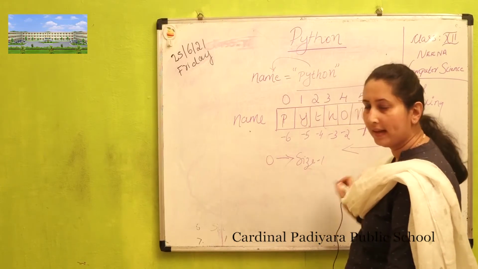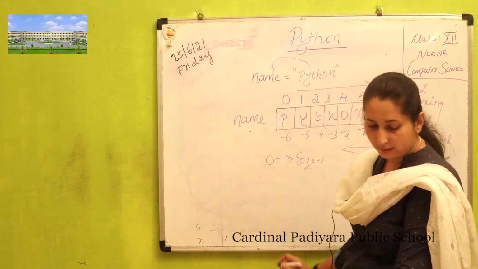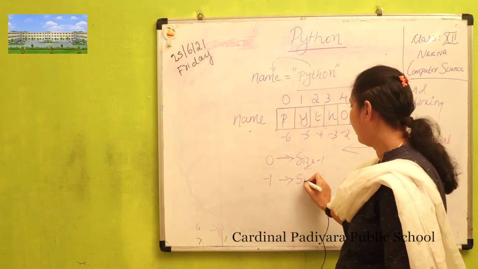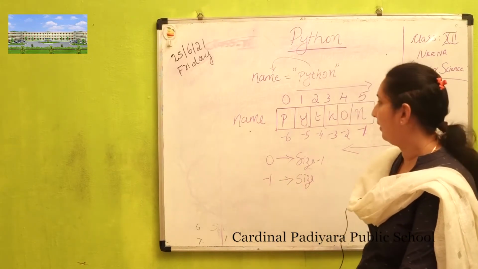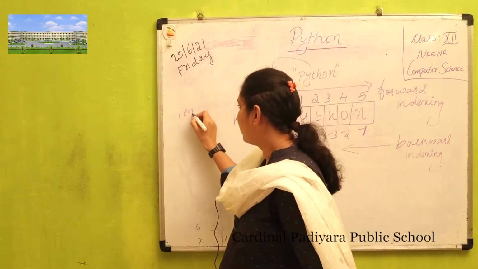For the backward direction, it is -1 to minus size. Size means the length of the string. We can find out the length of a string.